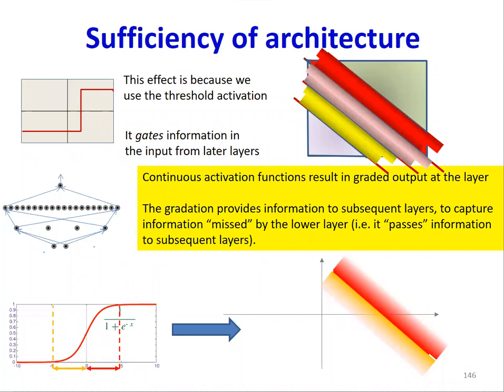So this gradation in the activation carries information about the distance from the boundary. And once you have that information, subsequent layers can use it because now you know where you are within these regions, and you can use that to construct the rest of the pattern.